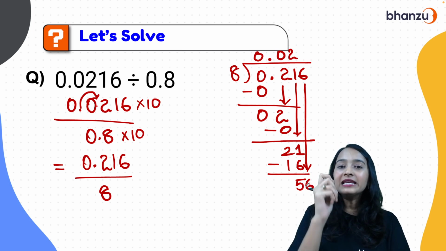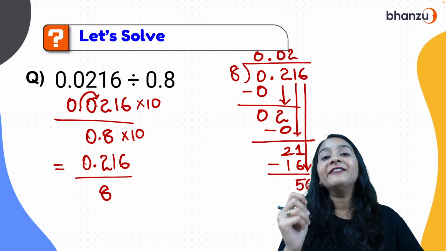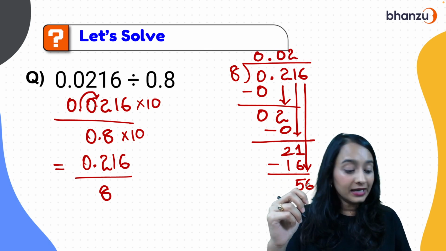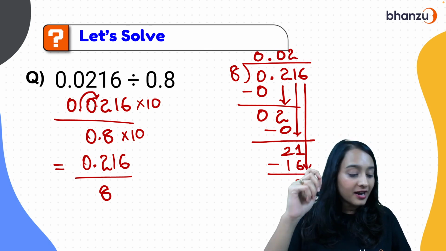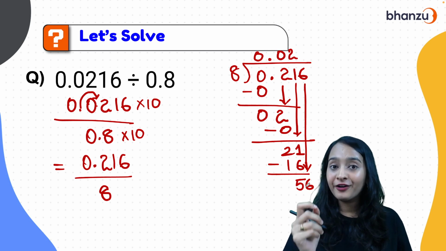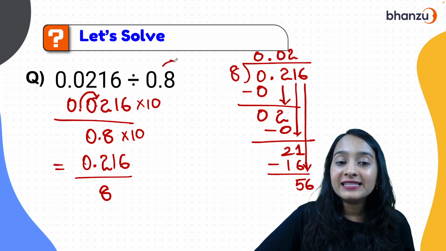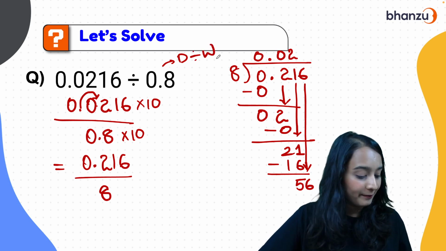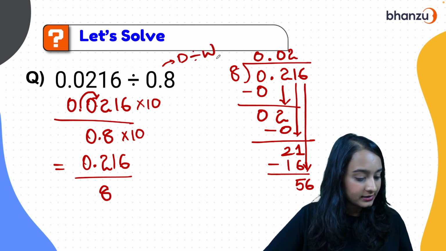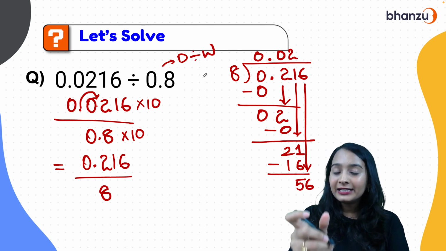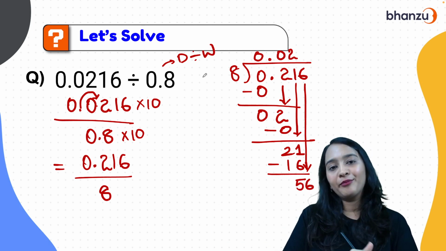Alright, so please remember, whenever you are dividing two numbers, whenever you see that there is a decimal in the denominator, the first thing that you will have to check is to make sure that you make the denominator into a whole number. Alright, just give me a minute here. Okay, the first thing is make the denominator into a whole number and then move forward.